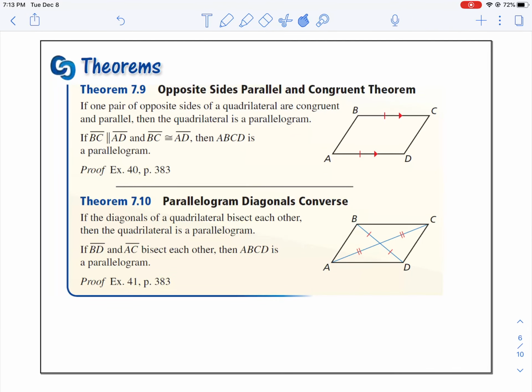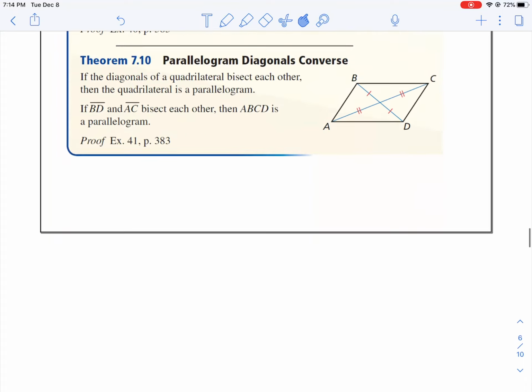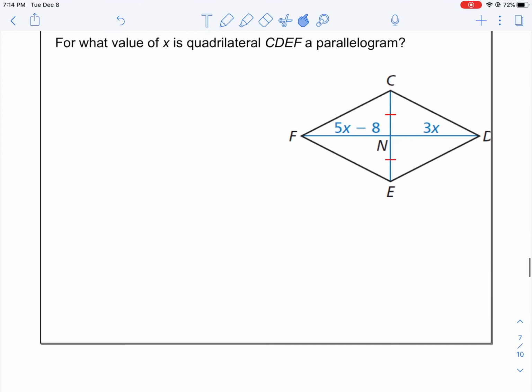Now, the last two ways to prove it are to prove an opposite side is parallel and congruent, or that your diagonals bisect each other. So again, we're using those same properties that we already knew to solve. So here we go. I've got these diagonals. Now, for this to be a parallelogram, this half has to equal this half.